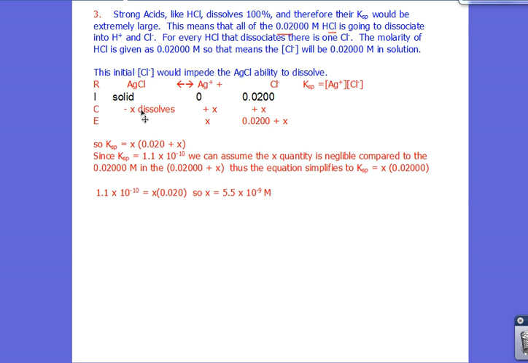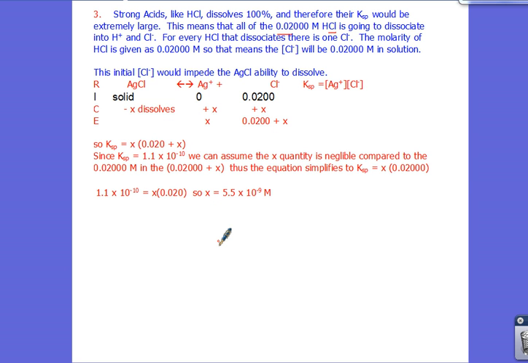So as the solid dissolves, we'd have 0 plus X, and 0.02 plus X, and then we could plug these values both in. This would go in for the chlorine value, and this would go in for the silver value, and we'd have X times 0.02 plus X. And we have the KSP, so we can solve for the quantity of X. There's 2 ways of doing it.